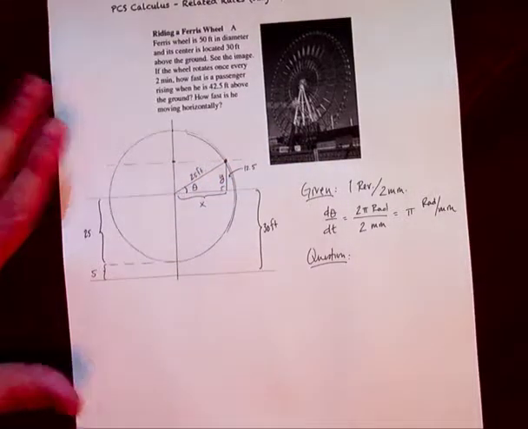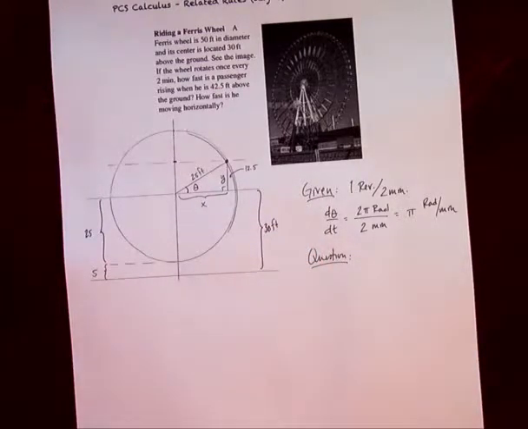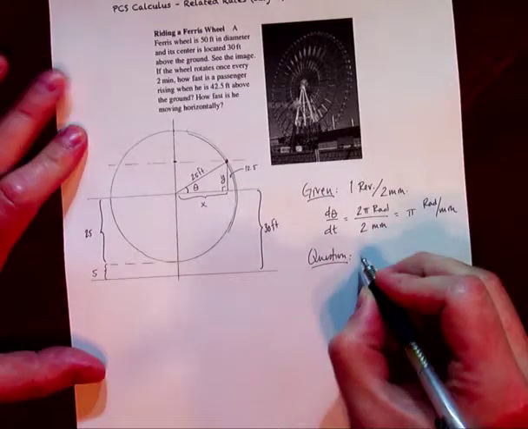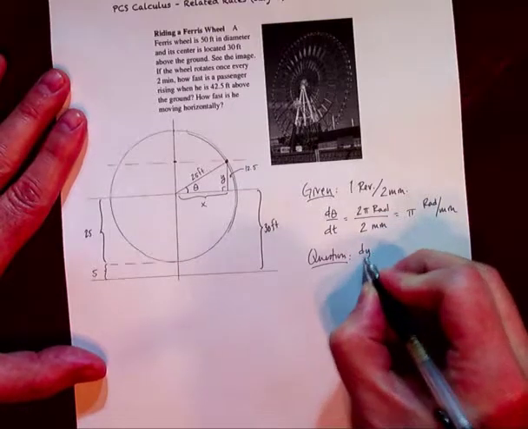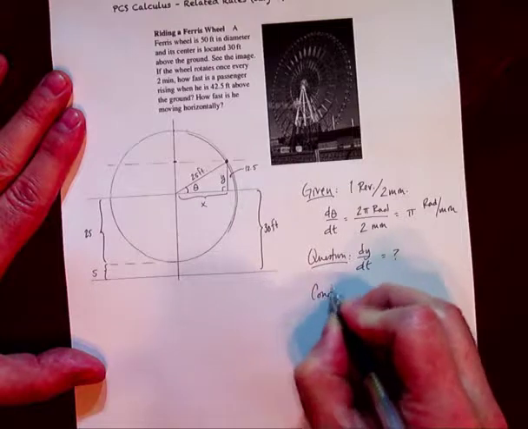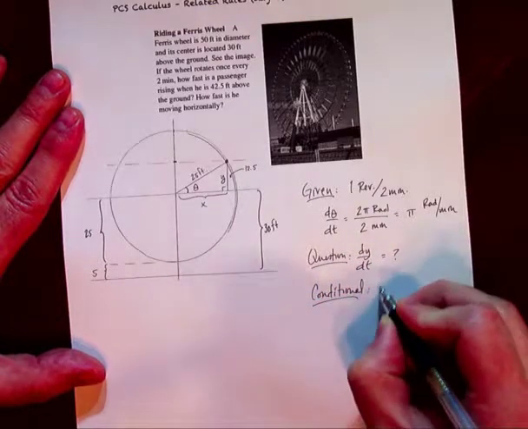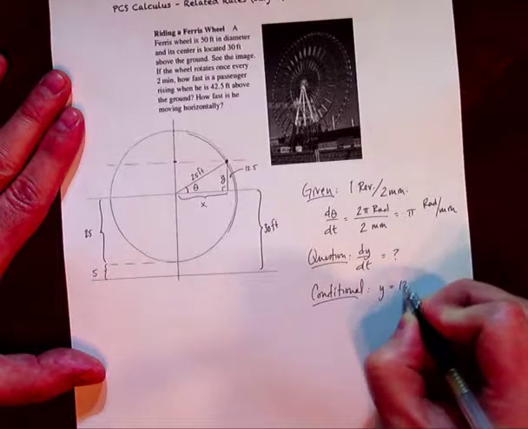And what I'm really looking for, if I set it up this way, and this is the easiest way to do it, is dy dt when, conditional information, y is equal to 12.5.